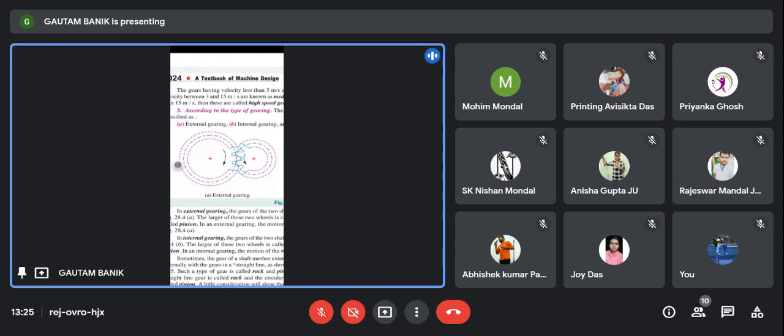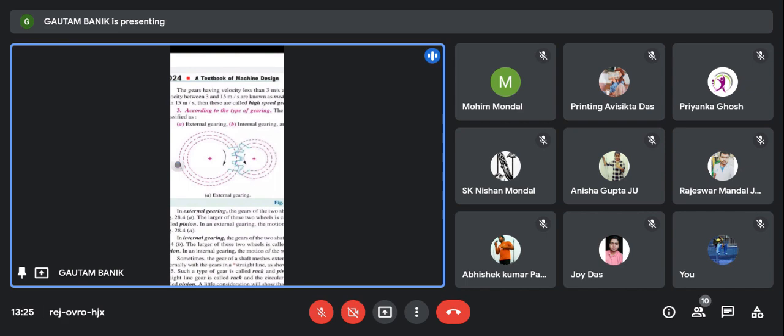Now, in this case, if you consider the pitch circles, the pitch circles are tangent to each other, and the other two circles, the addendum circle and dedendum circle, are opposite to each other.